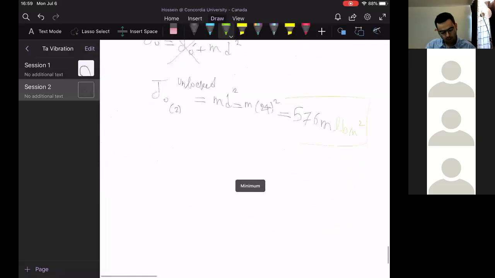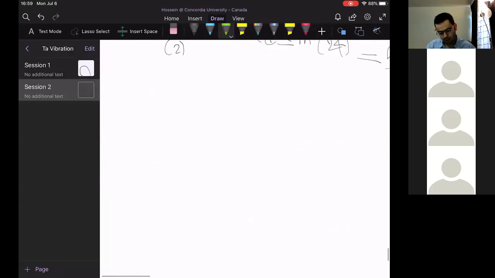So we obtained the J naught, and we had previously calculated the torsional stiffness.